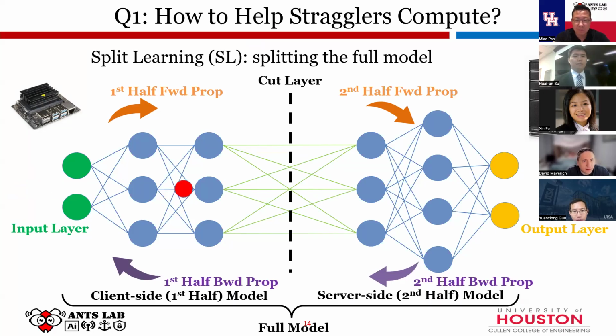Let's say we have an input data, and it goes through the first half of the forward propagation. This is known as smashed data when it is transmitted to the server side. Then we go through the second half of the propagation to the output layer on the server, and then we do the backward propagation all the way back to the client itself. As you can see, part of the training is done by the server-side model, thanks to split learning.